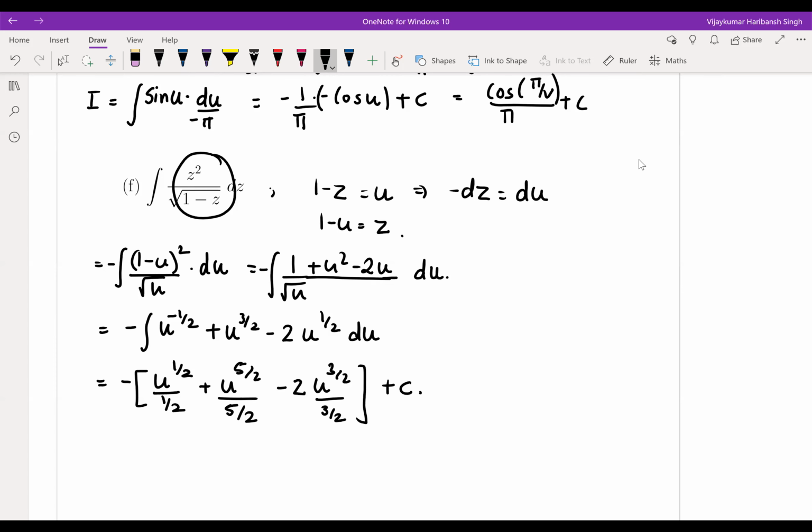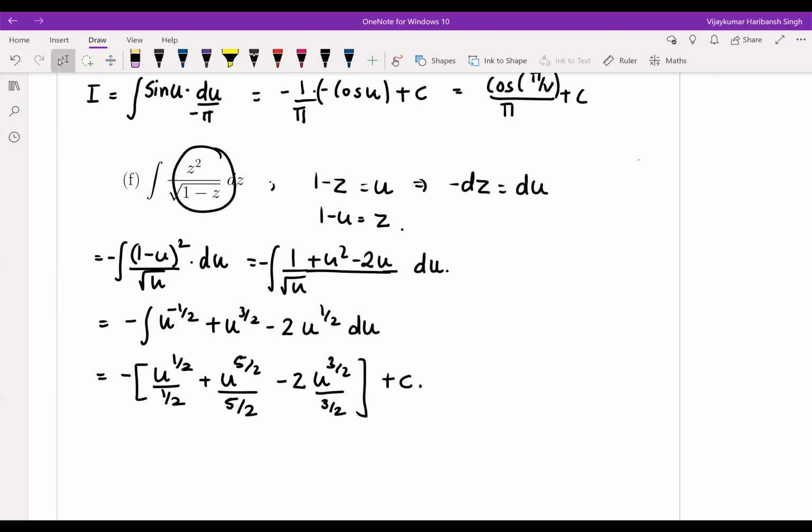Now let's put back what u was. The integration is done. We need to resubstitute back. So we get minus, dividing by half is the same as multiplying by 2 times, now what is u? U is 1 minus z.